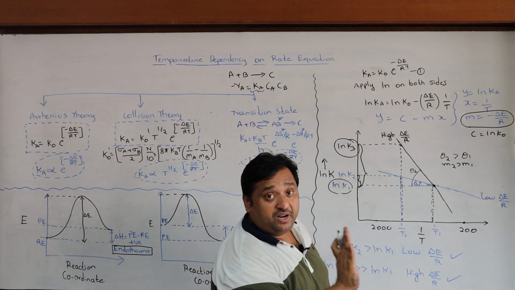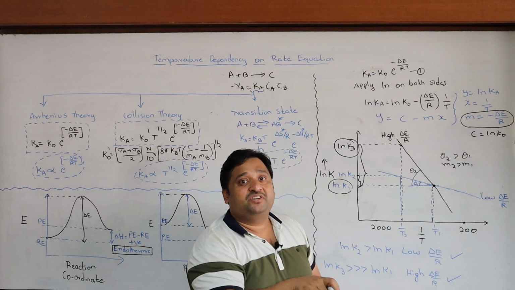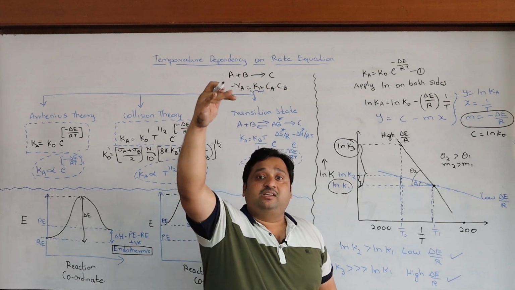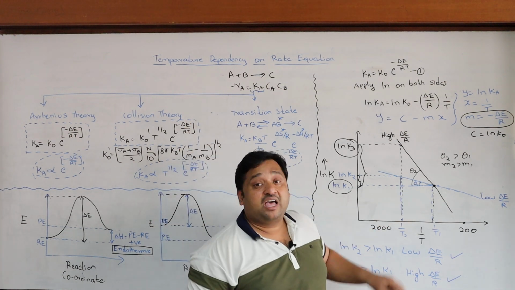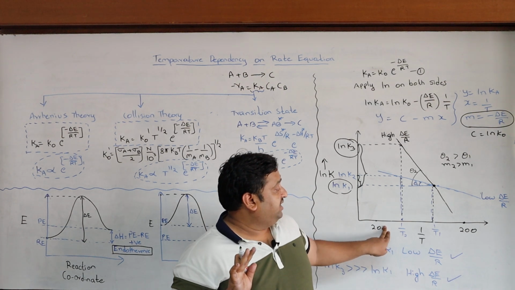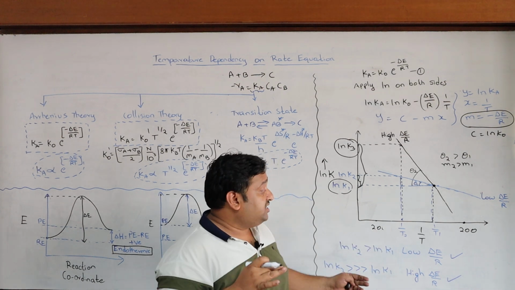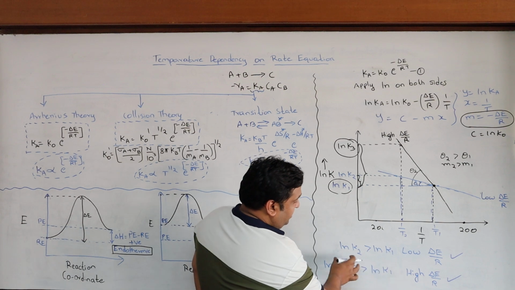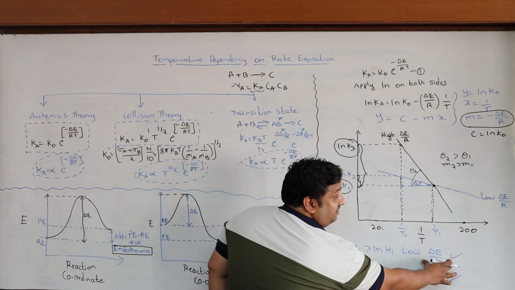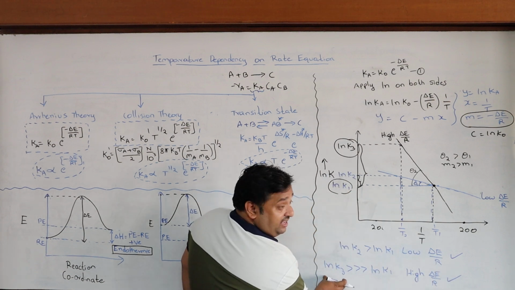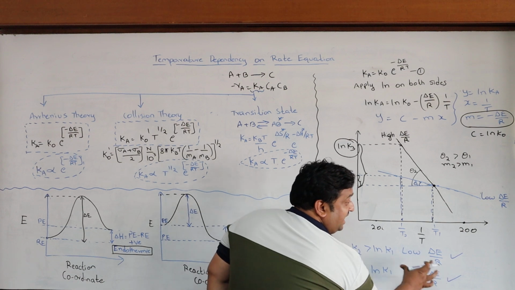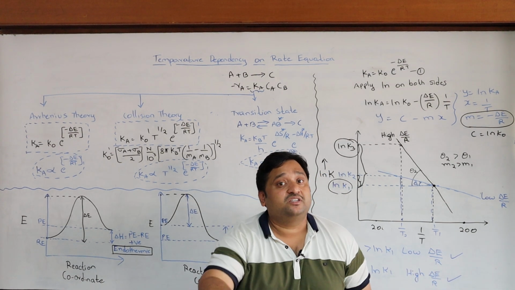For the same temperature change, the rate constant of the higher activation energy reaction increased tremendously compared to the low activation energy one. ln K2 is greater than ln K1 for low activation energy, but ln K3 is much greater than ln K1 because of the high activation energy. So that is the temperature sensitivity.